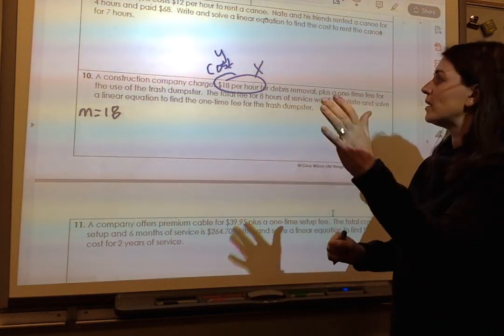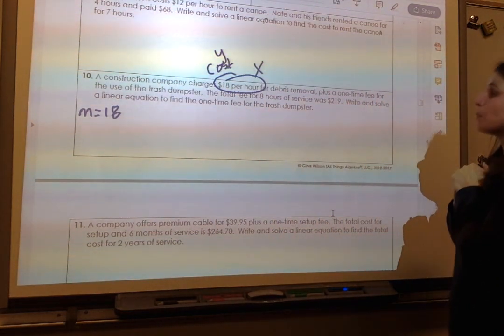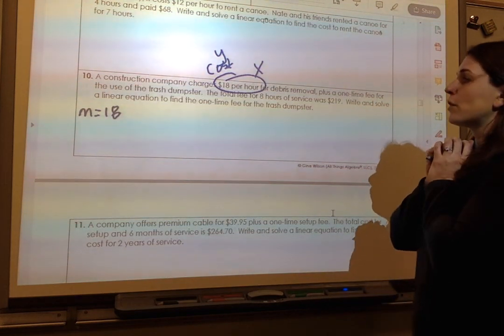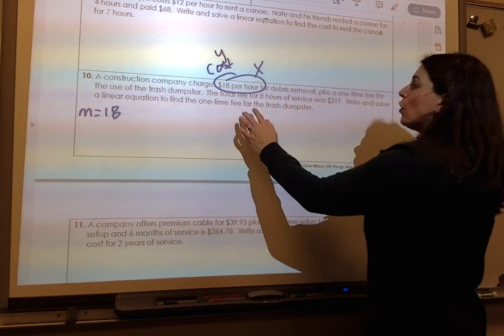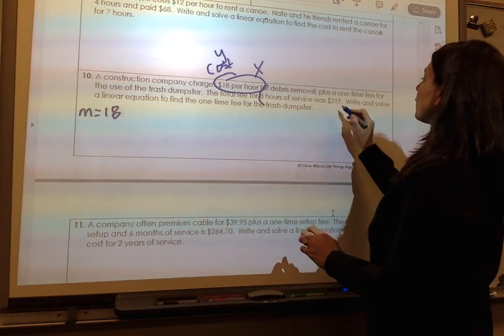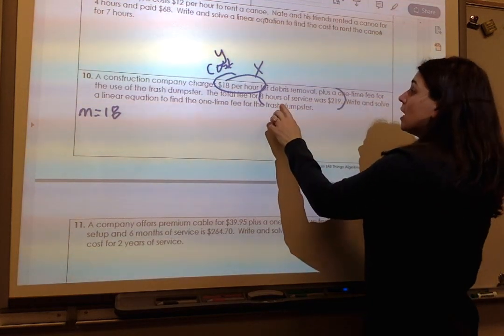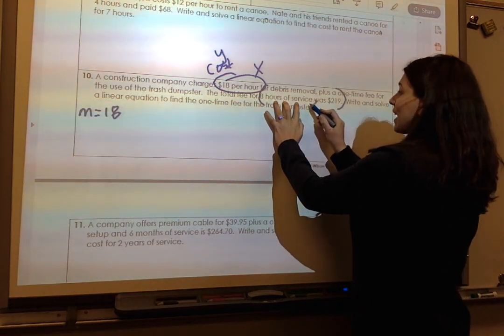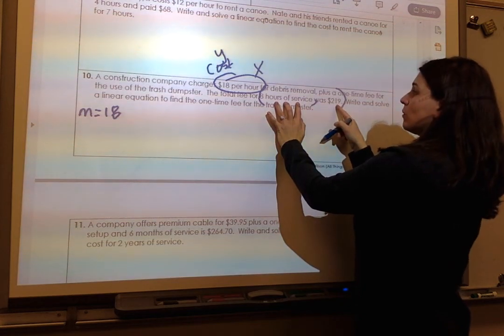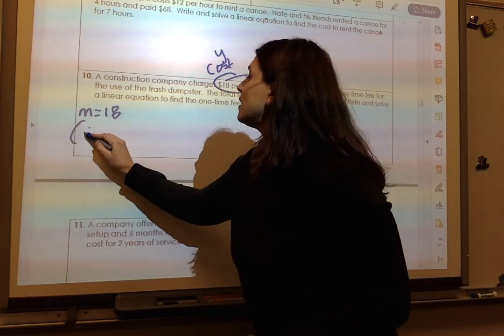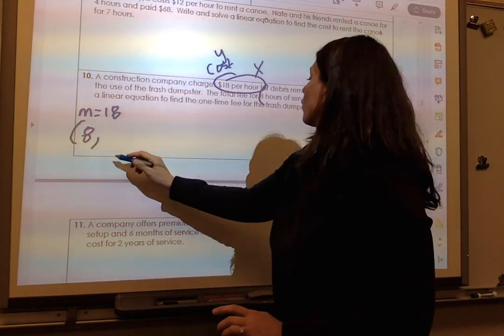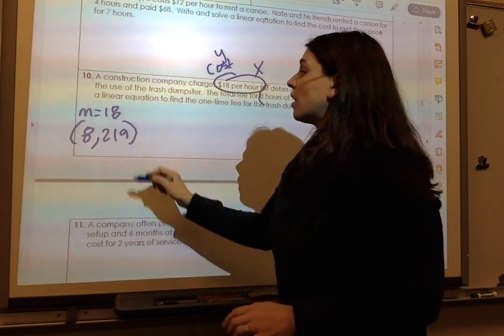And that's my slope. $18 per hour for debris removal plus a one-time fee for the use of the trash dumpster. The total fee for 8 hours of service was $219. Hours of service is x. $219 was cost. So I have identified for 8 hours it was $219.